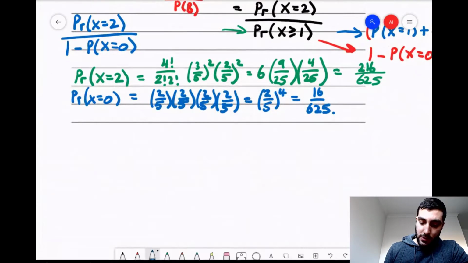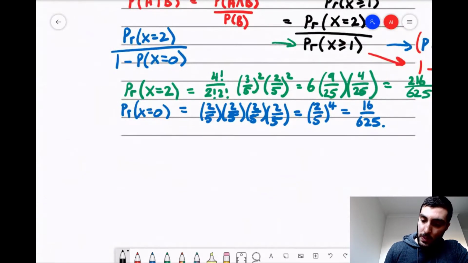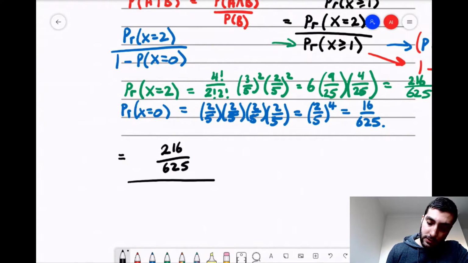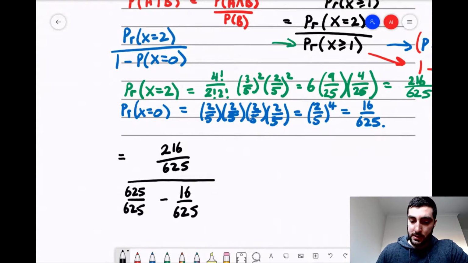Great. So then sort of combining all of that, what do we have? We've got 216 over 625 over 1. And in this case, doing a little bit of a shortcut to maybe save a line of workings, 16 on 625. So all I've done here is I've taken our answer in green, substituted it in there, taken our answer in blue, substituted it in here, and this 1 I've converted to another re-expressed 1 in another format.